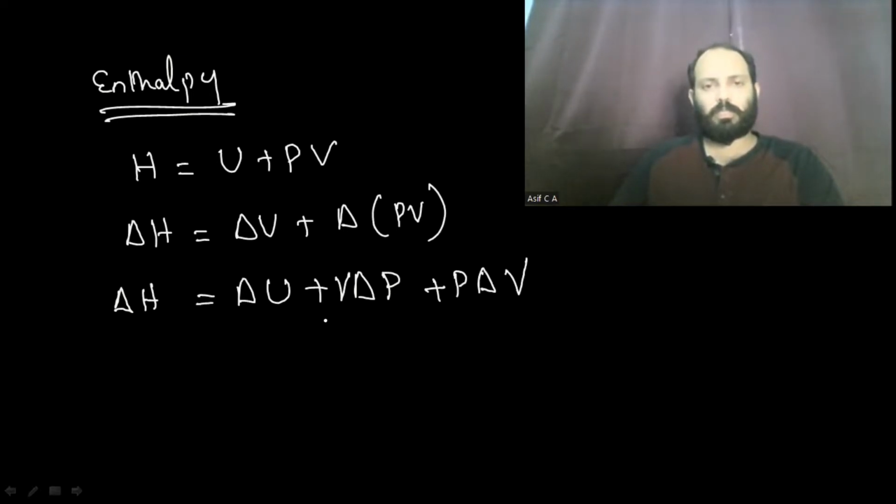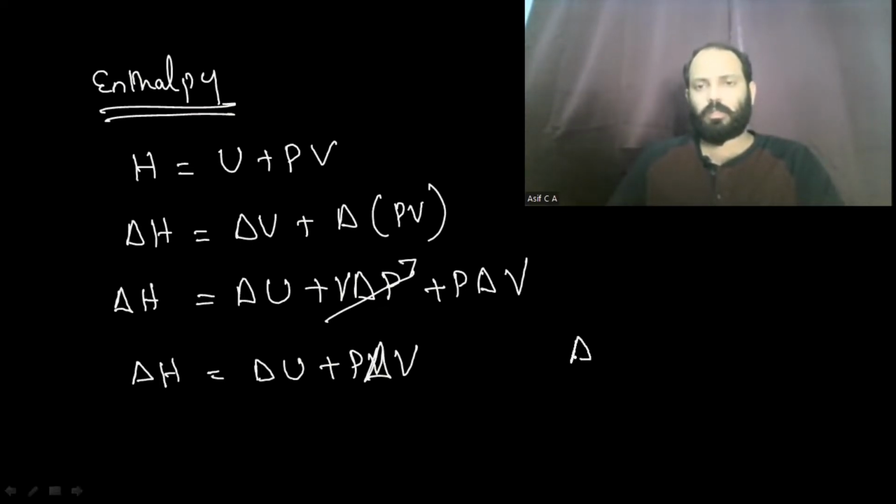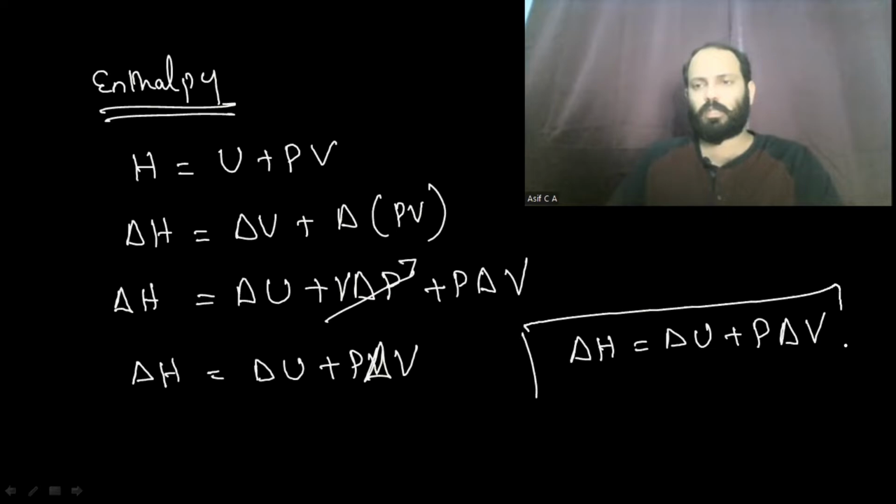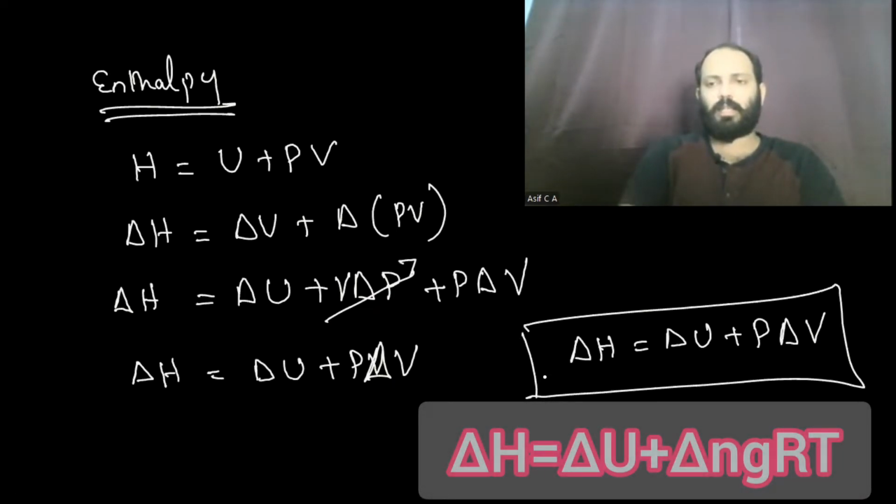At constant pressure, this is gonna be 0. So delta H is equal to delta U plus P delta V. Okay. So the equation is delta H is equal to delta U plus P delta V. This is the equation for enthalpy.